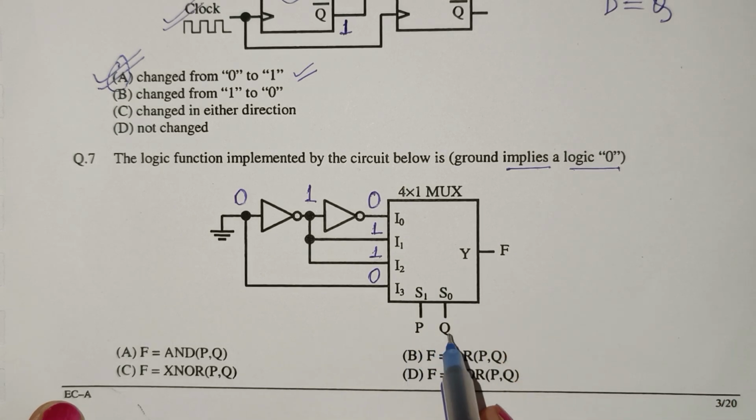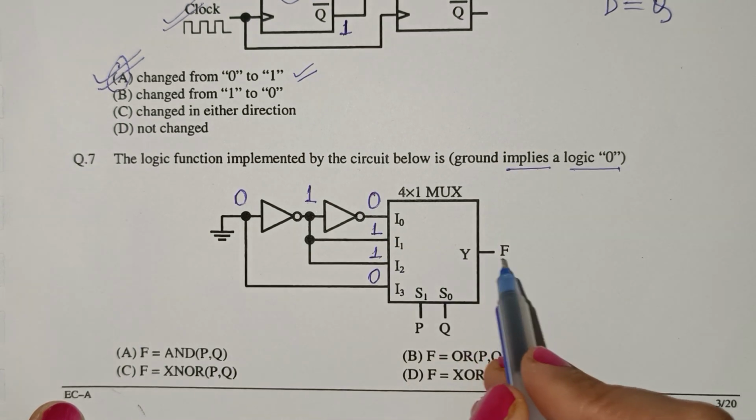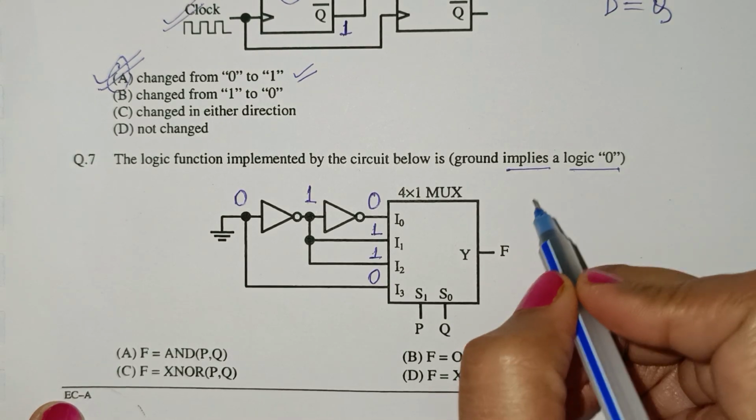Now based on the combination of selection lines, there are 2 selection lines, so there are 4 possible combinations, and on those combinations we get the output, which will be only 1. So what will be the output F?